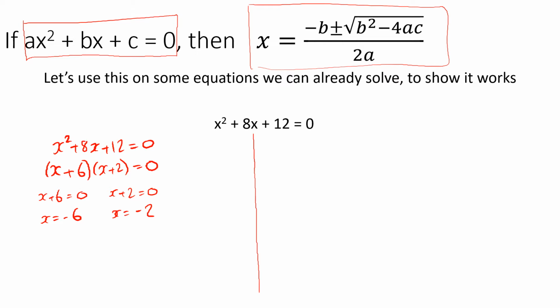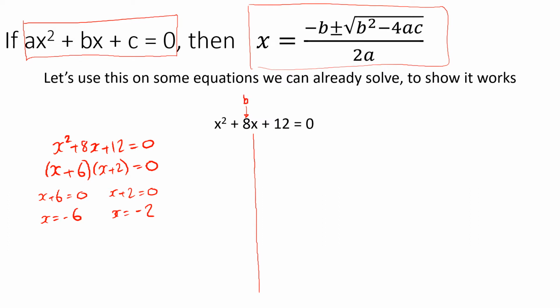I wanted to show one that you already knew the answer to, so we could prove that this formula gets the same results, essentially. The formula talks about a, b and c, and what those essentially are is the numbers in front of our letters. So we can see straight away here we've got an 8 in front of our x, and that's apparently what b is.